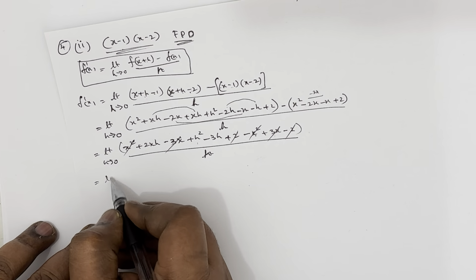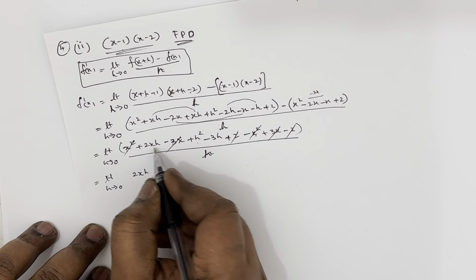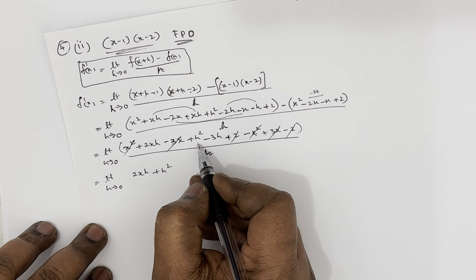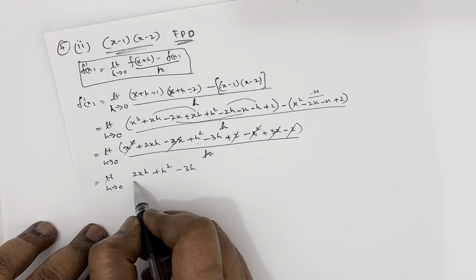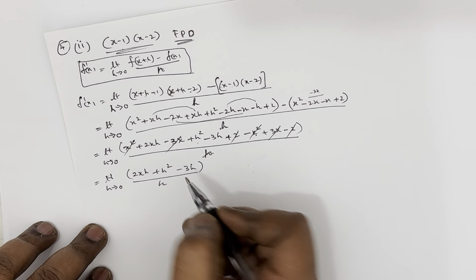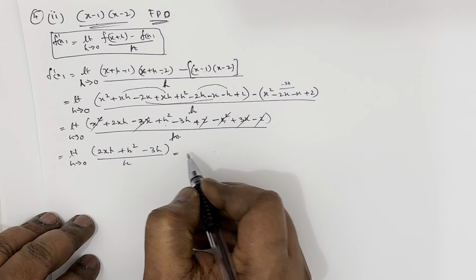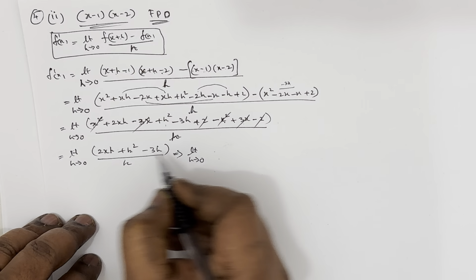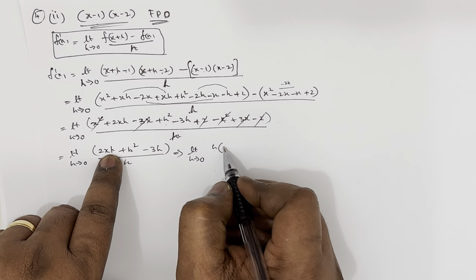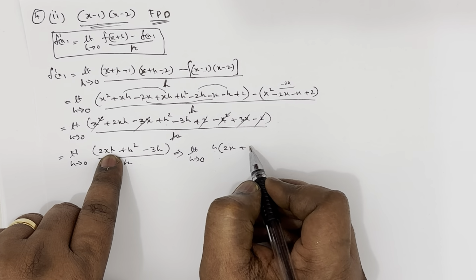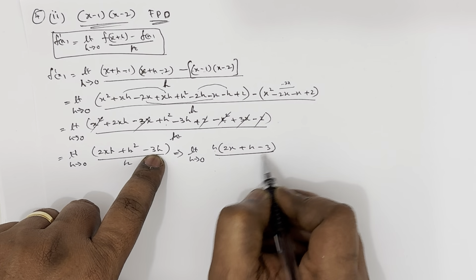Now the remaining is limit h tends to 0, 2xh plus h square minus 3h, everything upon h. Now let's take h common in the numerator side. It will be limit h tends to 0, h common, so here it will be 2x plus h minus 3, upon h.